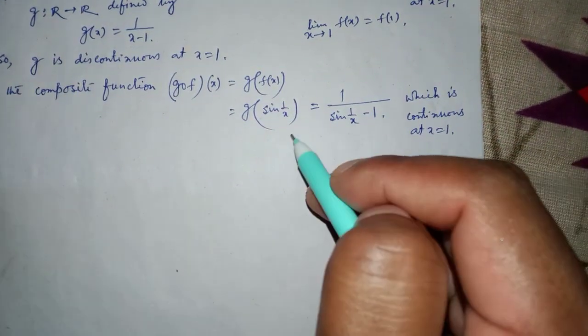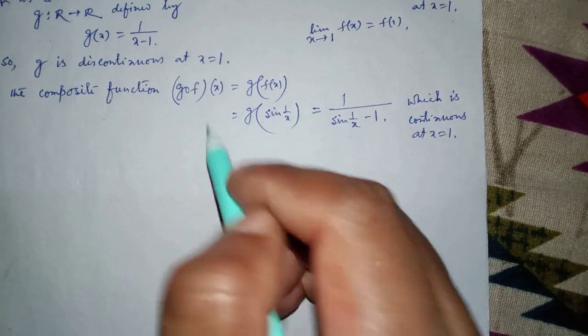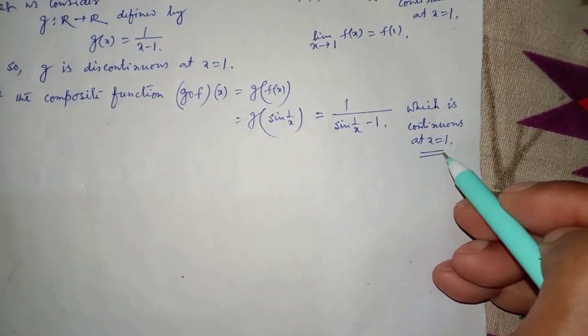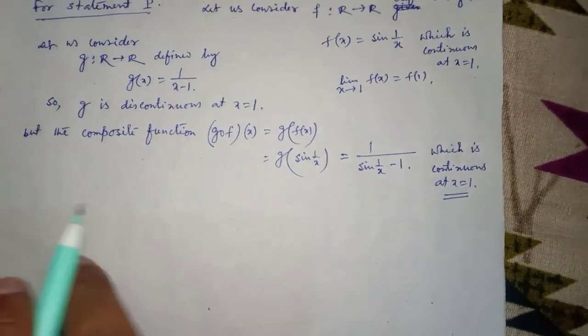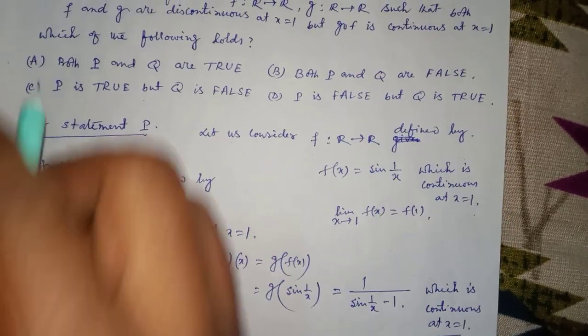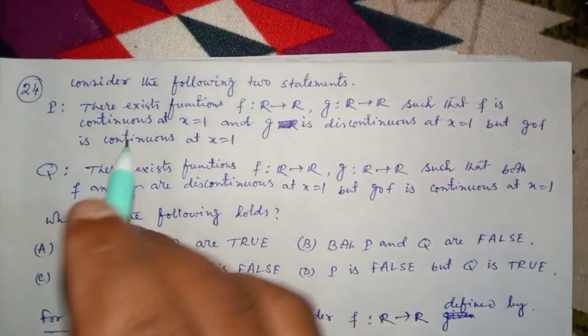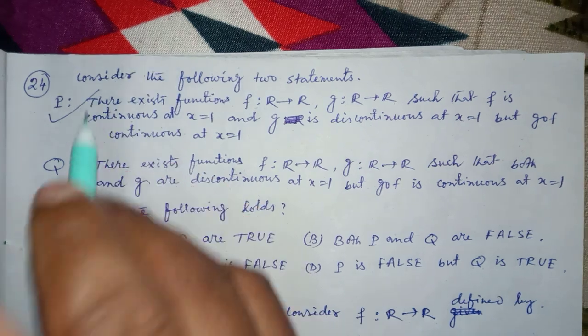So the composite function g of f is continuous at x equal to 1. So statement P is true.